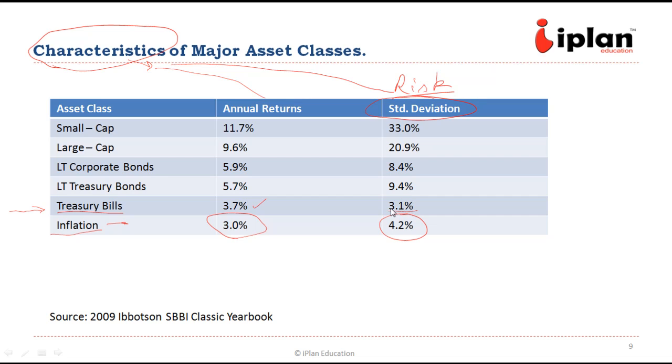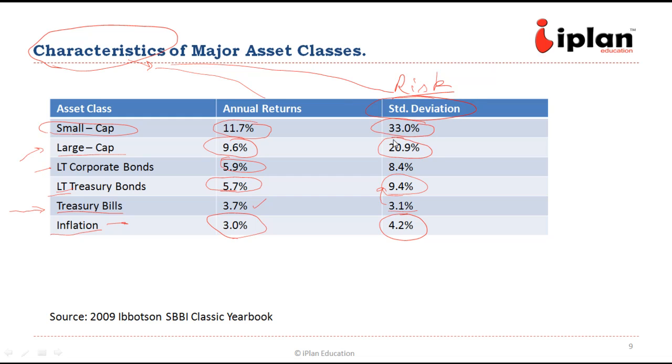If we look at the treasury bonds, long term, the expected return increases and the standard deviation is also higher. Similarly for the corporate bonds, higher returns. And if we move to the equity, the large cap, the annual returns are much higher than bonds and even the standard deviation is also higher. And for the small cap, which are even riskier than the large cap equity, the returns are even higher because of the higher risk, 33%.